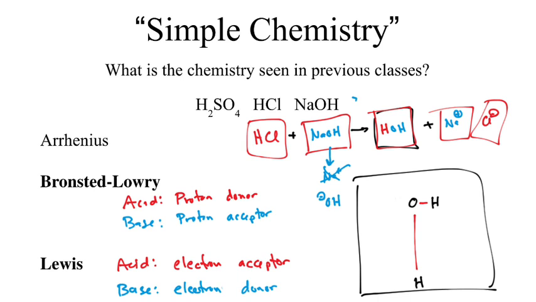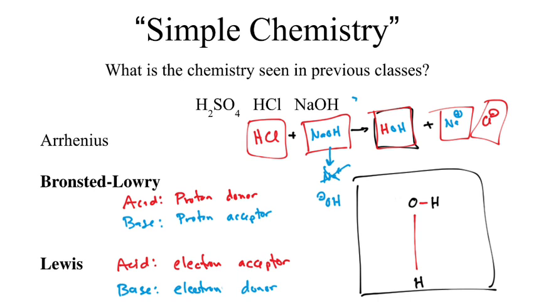That flip in the script allows the definition of Lewis to apply to almost all chemical reactions. Acids and bases as a chemical definition, Bronsted-Lowry, apply to maybe 10%, 20% of chemical reactions.